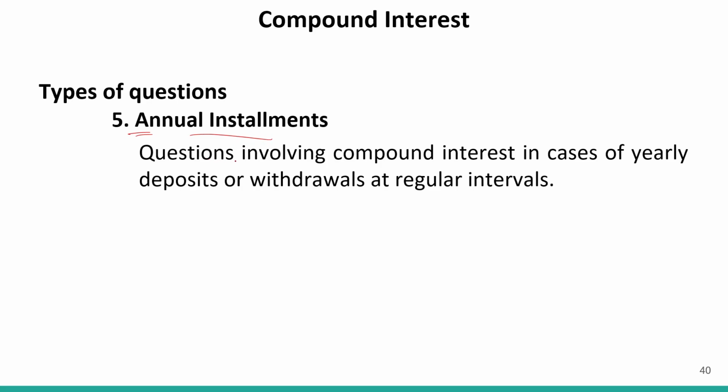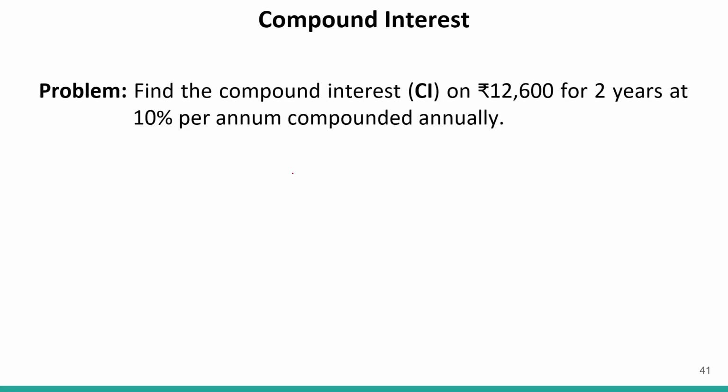Okay, so questions involving compound interest in cases of yearly deposits or withdrawals at a regular interval. So find the compound interest CI on 12,600, okay, so this is the initial amount or principal amount, for 2 years at 10% per annum compound interest. So amount is equal to P into 1 plus R power T, right?